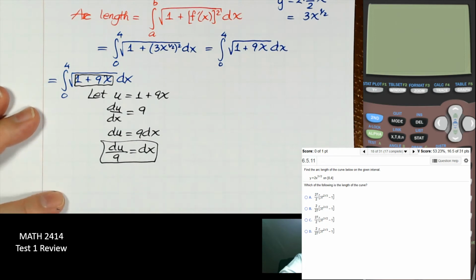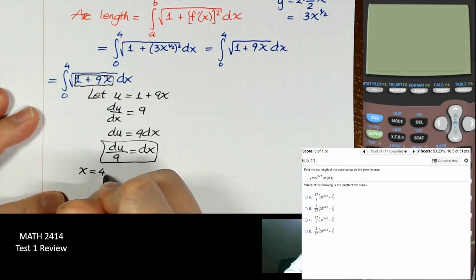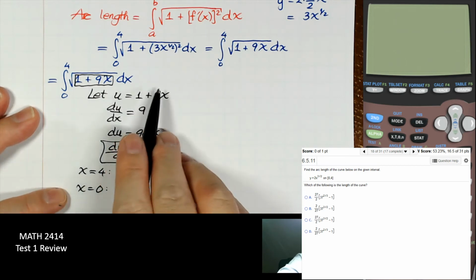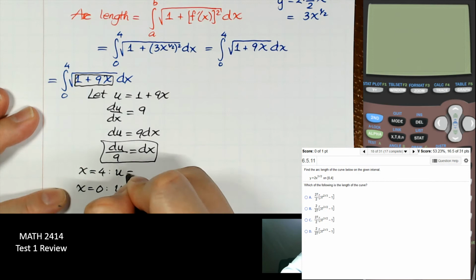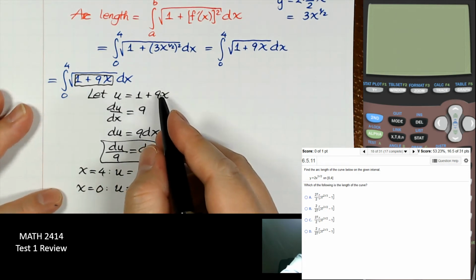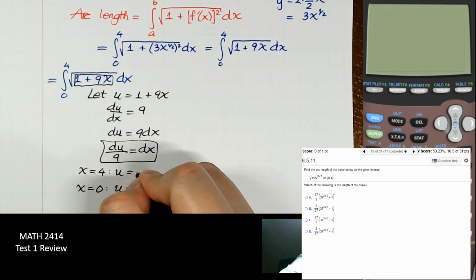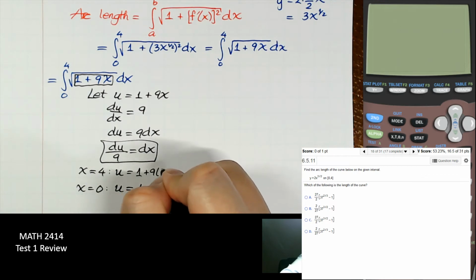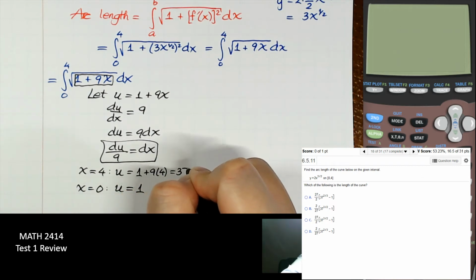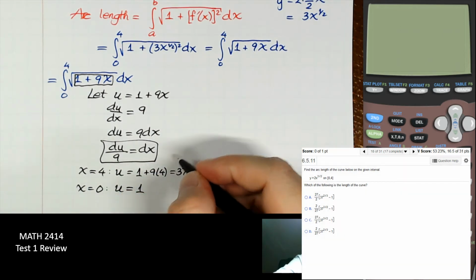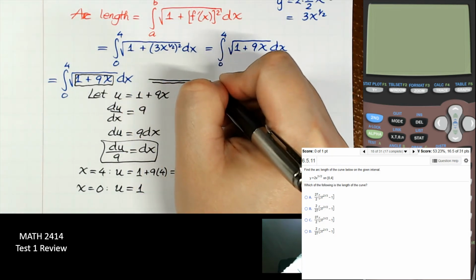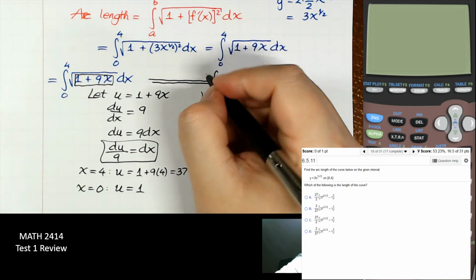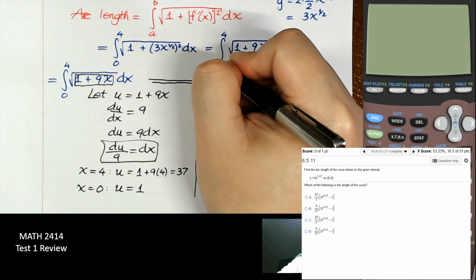And then the limits. x equal to 0, x equal to 4. When x equals 0, put 0 in here, u is equal to 1. When x is equal to 4, put 4 in there, and that's 37. So the limits, instead of going from 0 to 4, go from 1 to 37.